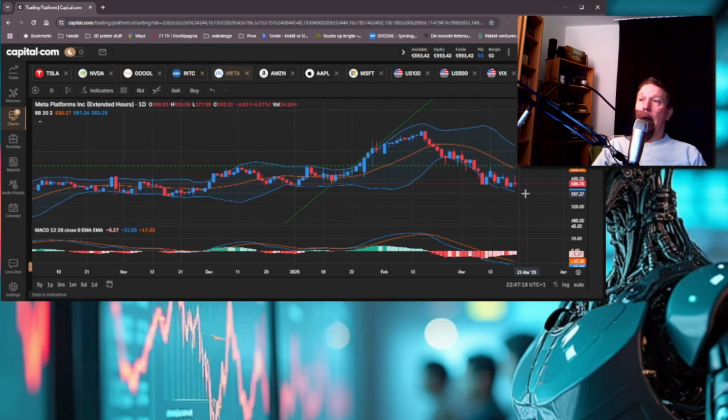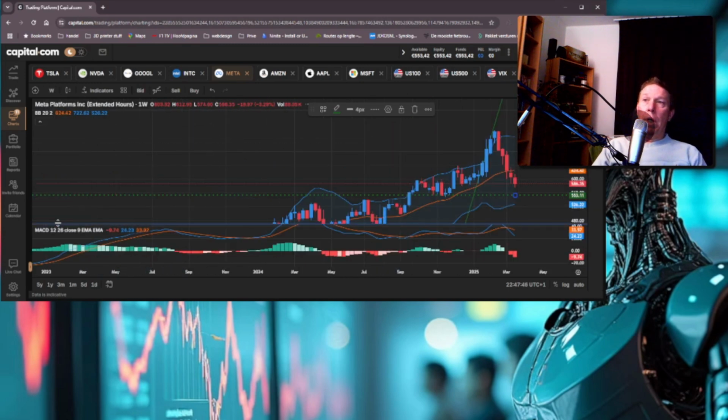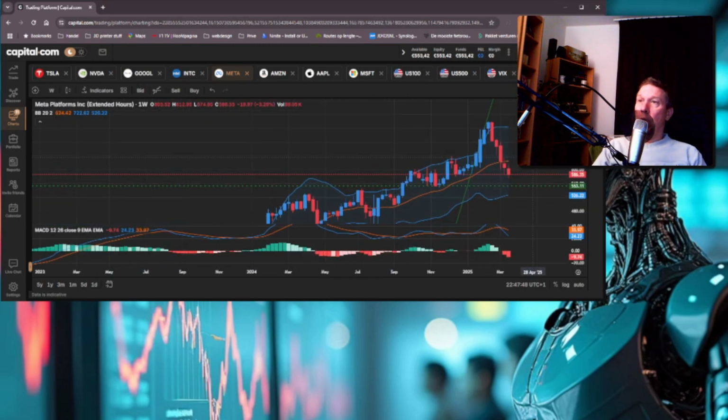Meta a red candle but a very small candle with long wicks, so a lot of indecision there, but way below the support line. So Meta is really going down. And I think on the 1 day it's not good to replace the support line, so let's take the 1 week to see if we can find a new support line.